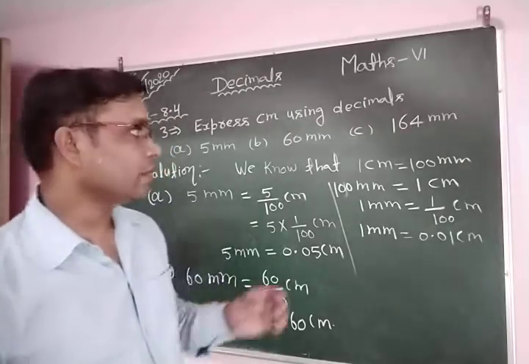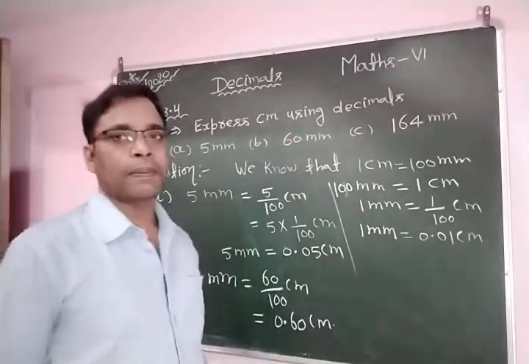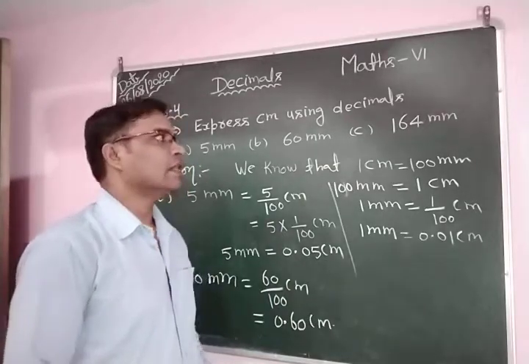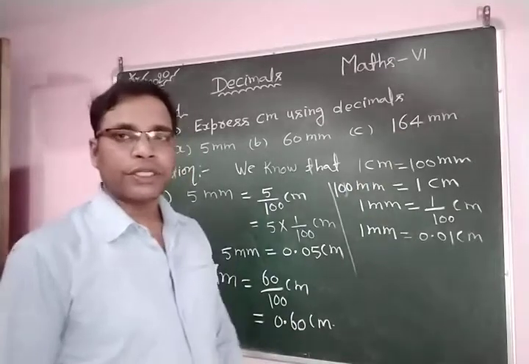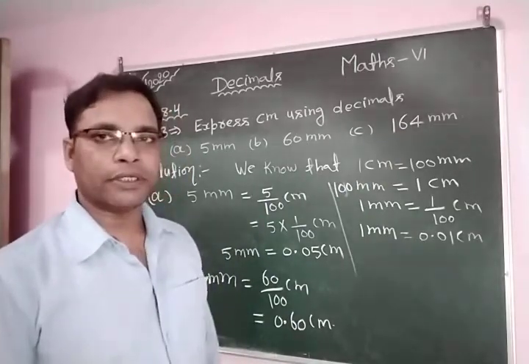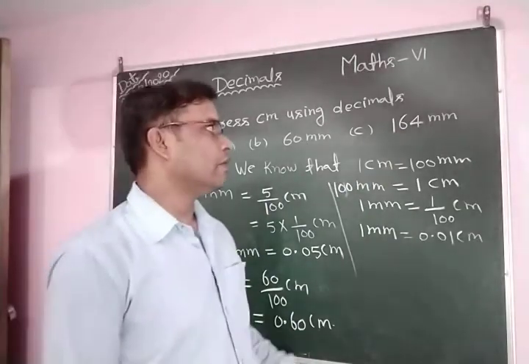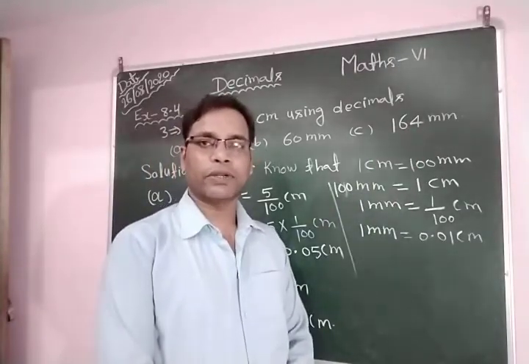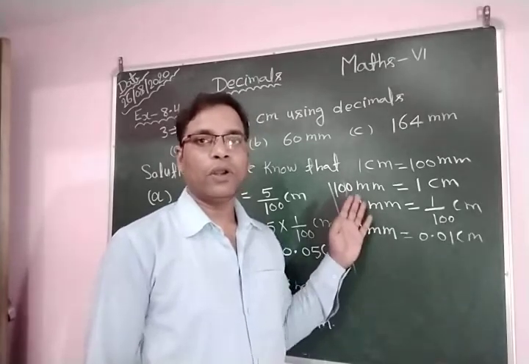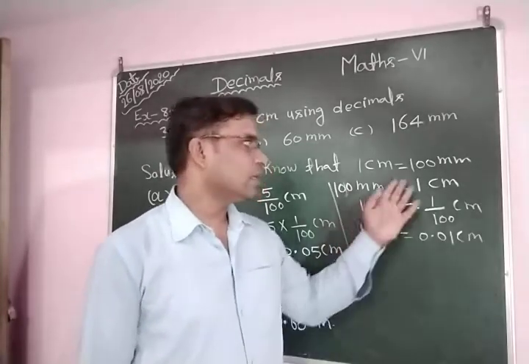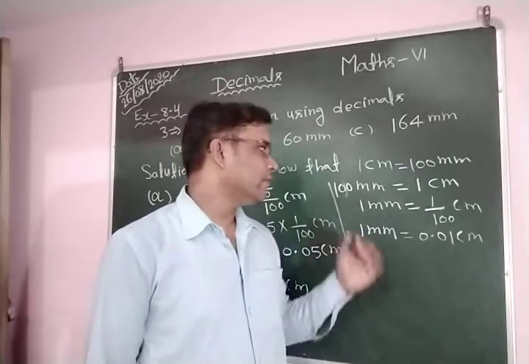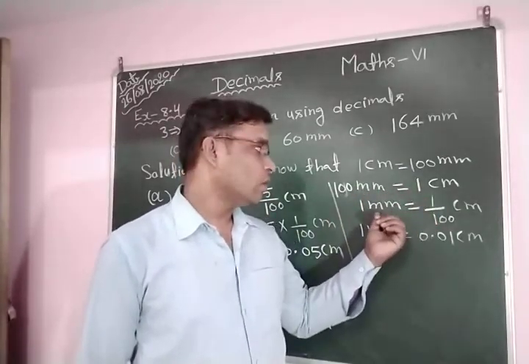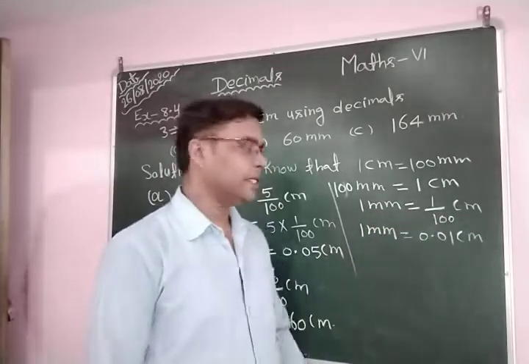Now the next part, this is C part of question number 3. This is given 164 millimeters. We need to convert 164 millimeter into centimeters. For this we have 1 centimeter is equal to 100 millimeters, or 1 millimeter is equal to 1 by 100 centimeters.